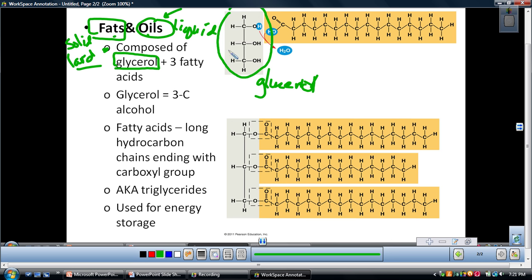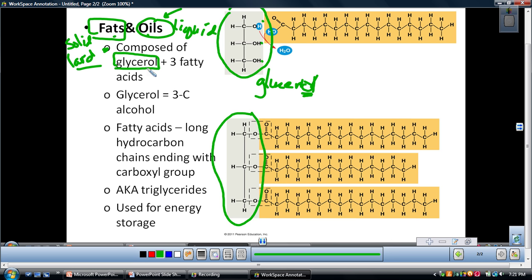A glycerol is nothing more than a 3-carbon alcohol. Notice it ends in OL, which is because of that hydroxyl functional group. There are 3 hydroxyl functional groups that you see on a glycerol. So it's 3 carbons, hydrogens around the outside, and then 3 hydroxyl groups. Down here you can see it involved in another example, but once again, here is my glycerol.